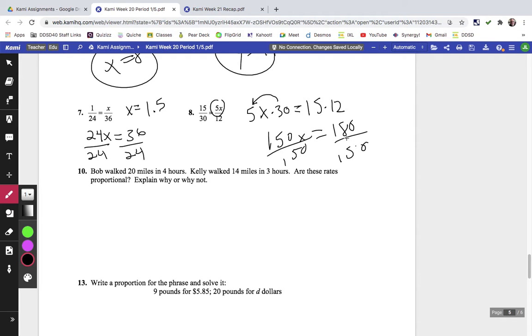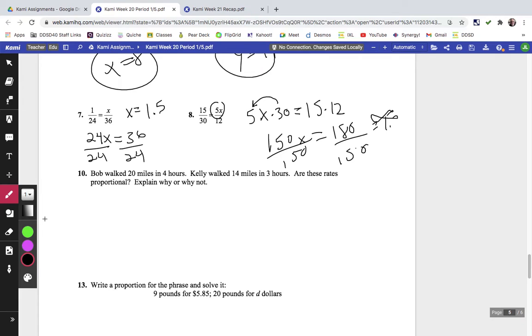So 18 divided by 15 is 1.2. So x equals 1.2. Let's just test that out. 1.2 times 5 equals 6. And 6 is half of 12, and 15 is half of 30, so that makes sense.